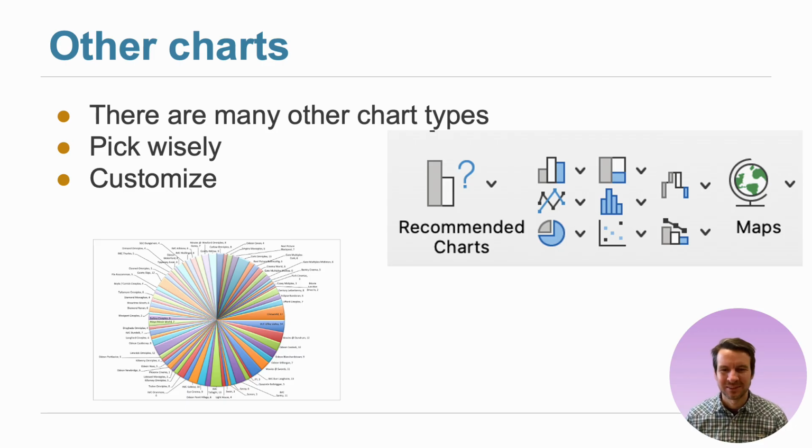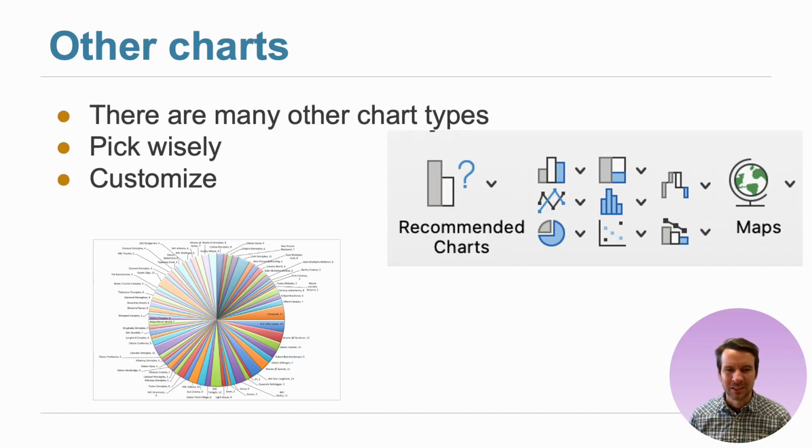Excel provides many other types of charts that it lets you draw quite easily. So it's up to you to try to explore a little bit. Always try to pick a chart that nicely depicts the data that you are trying to show.